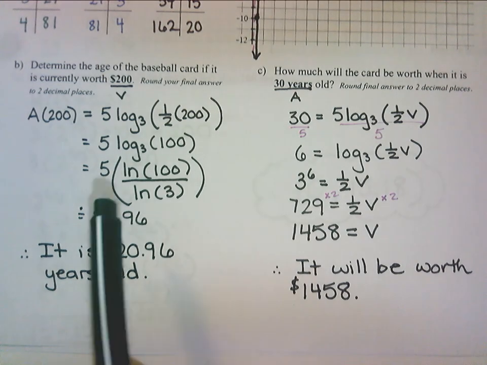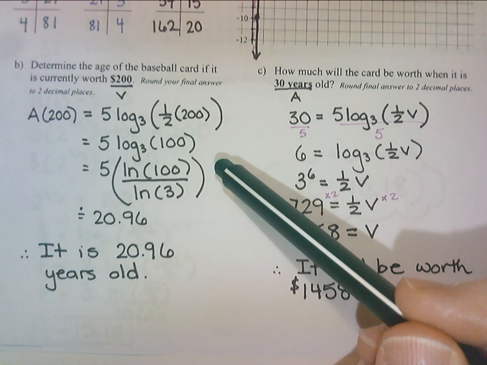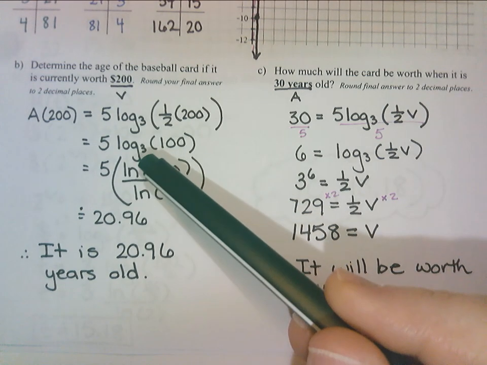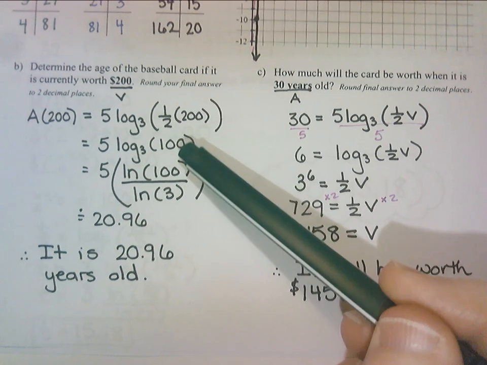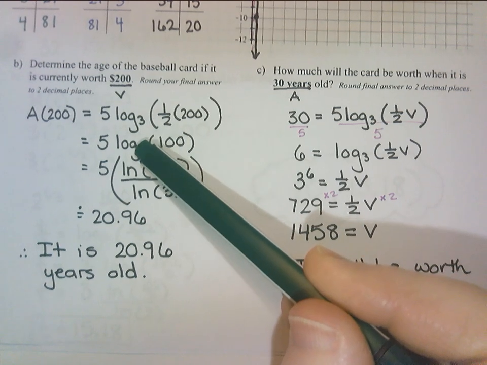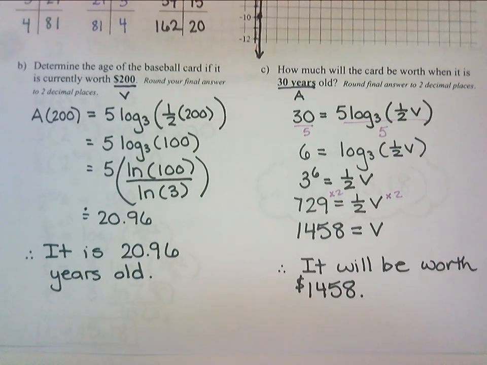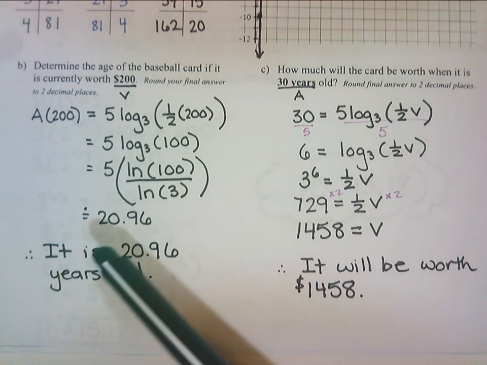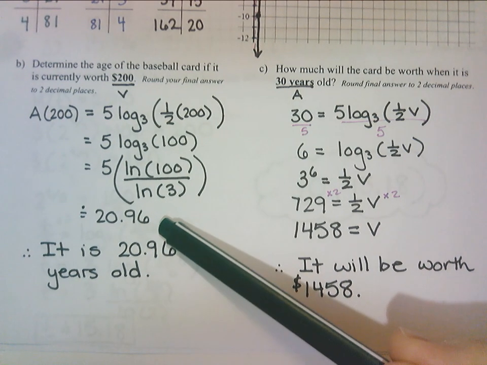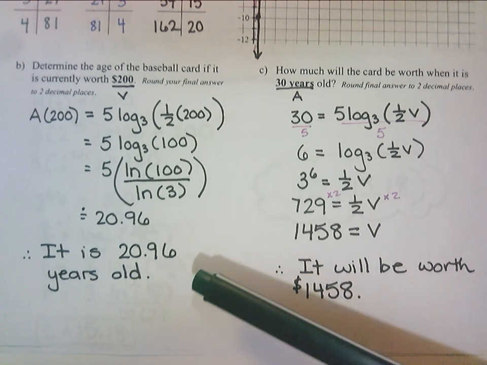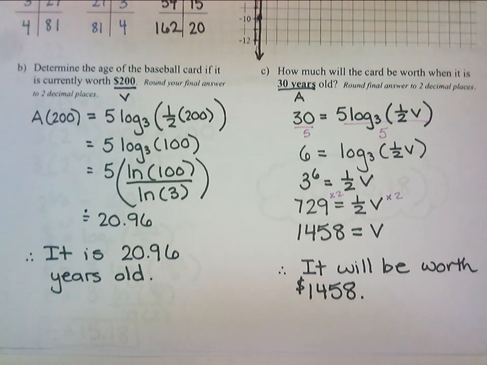I chose ln. So I used my change of base formula, which is in your green package, and I did ln of our argument, and then I had to divide by ln of the old base that we were switching out of. So then I did 5 times ln of 100 divided by ln of 3, and I got approximately 20.96. So it is 20.96 years old.